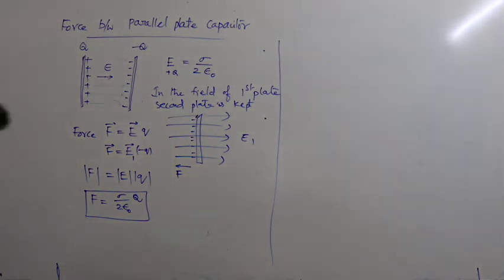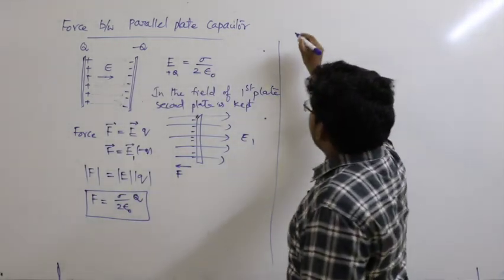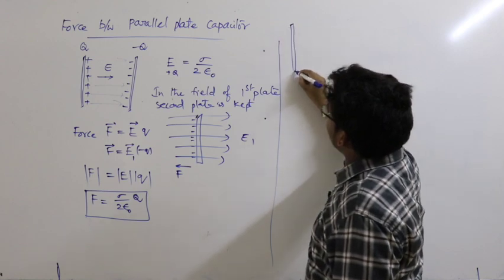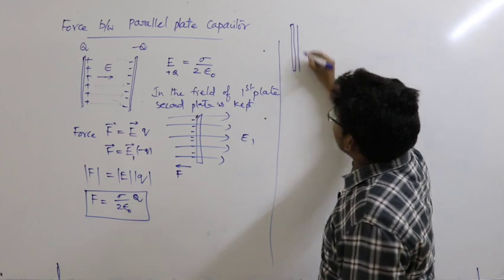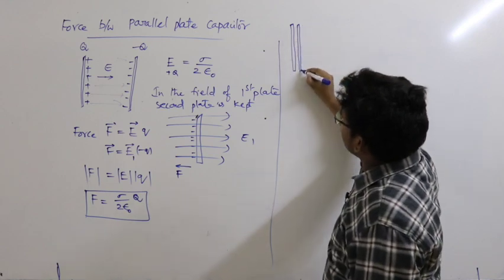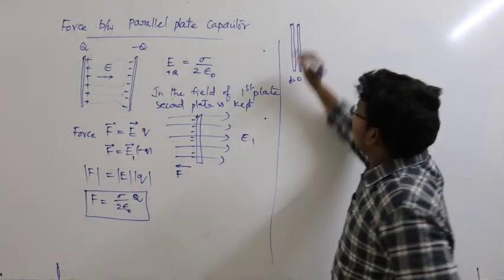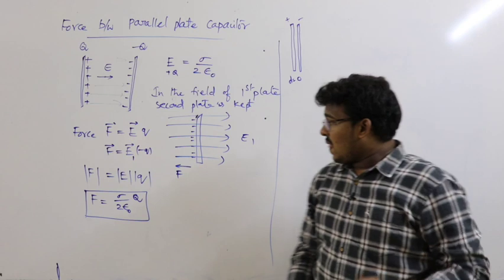See, I am just taking two plates that are very close. Initially, I kept the two plates very close, so the distance is 0. And we know that it is plus and minus, so there is an attraction.